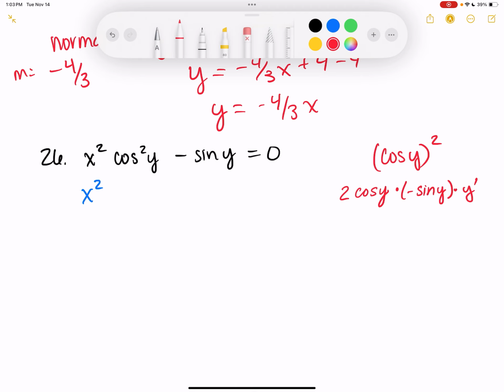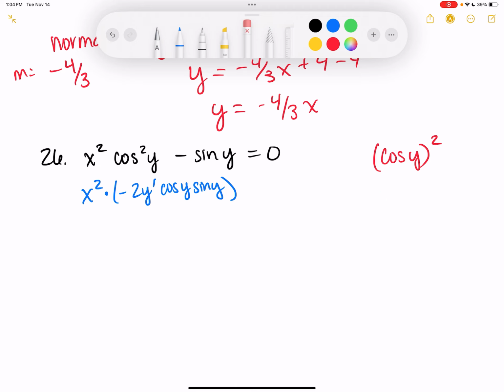So now to put it all back together, times negative 2, I'm going to do the y prime out front, cosine y, sine y. Oh gosh, I'm going to have to erase this now. I'm not going to have room, so I'm just going to get rid of it. Plus, that's only the first part of the product rule, so make sure you don't forget that.